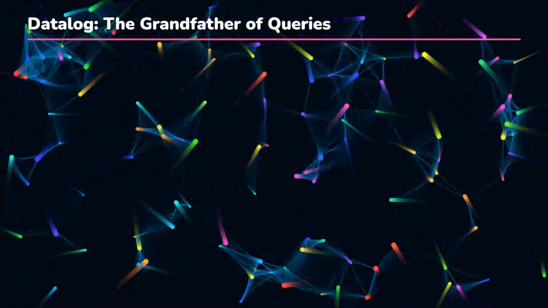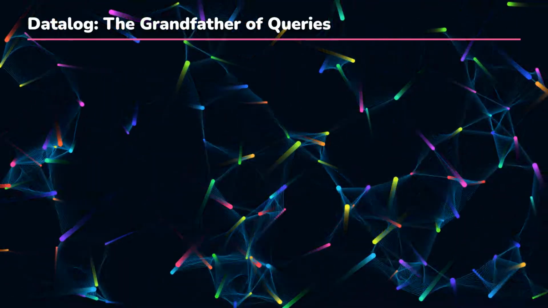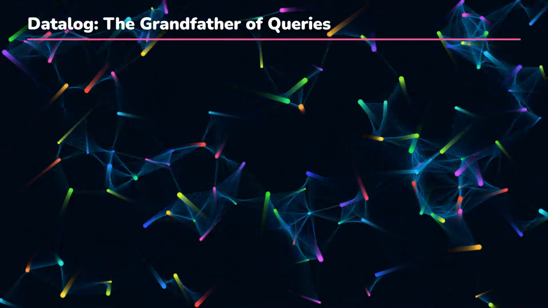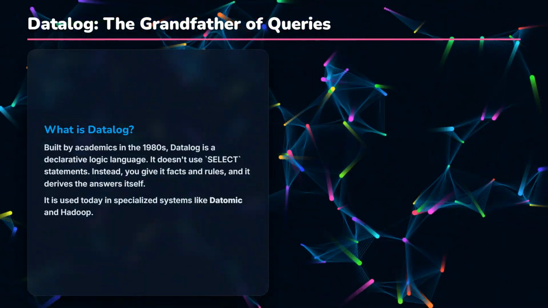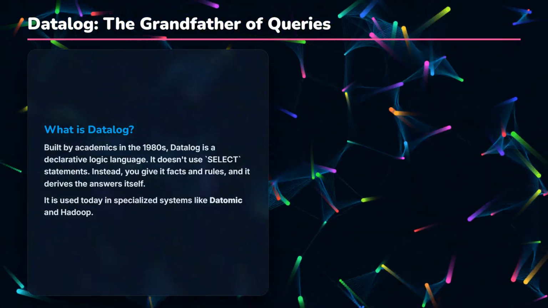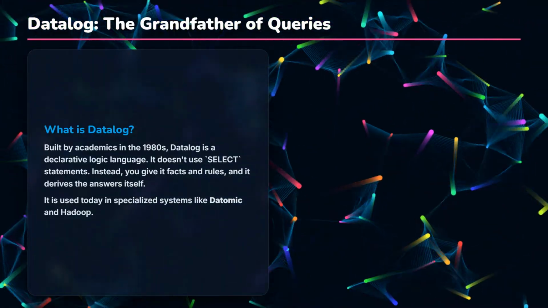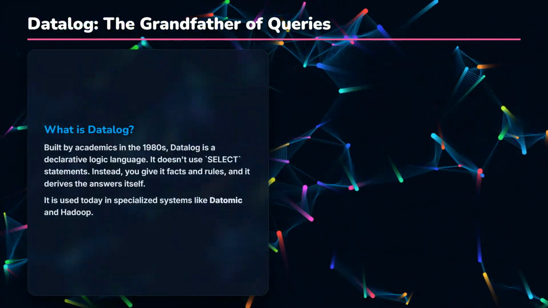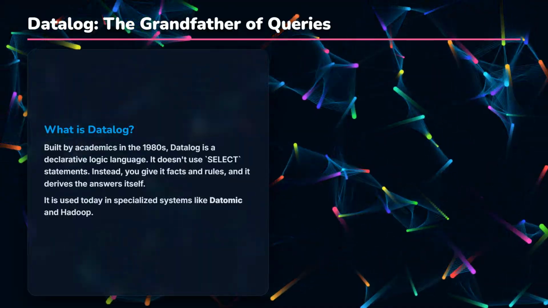Now, speaking of query languages, let's look at one of the oldest and coolest ones, Datalog. Datalog was built by academics in the 1980s. It is much older than modern languages like Cypher or SPARQL. While most software engineers have never heard of it, it is incredibly important because it provides the foundation for how we think about logic.